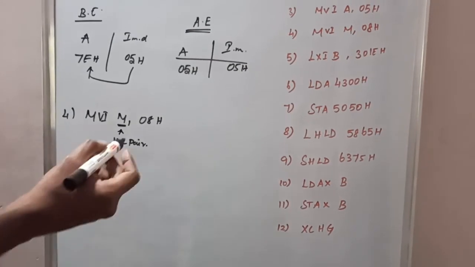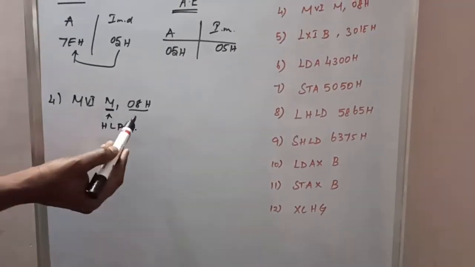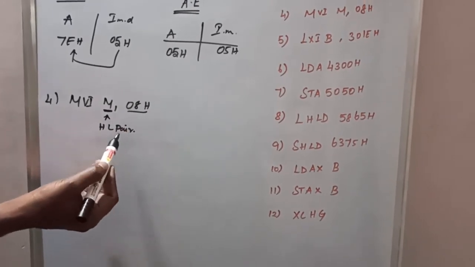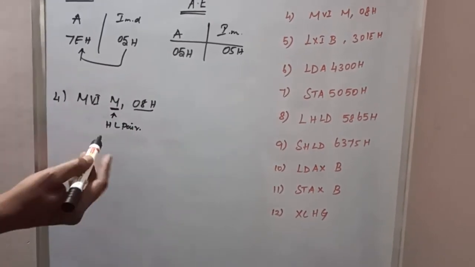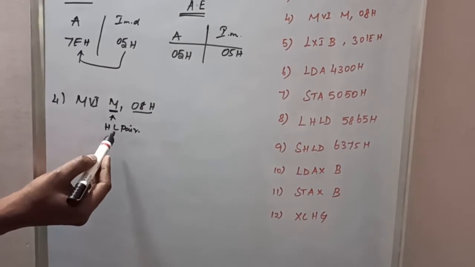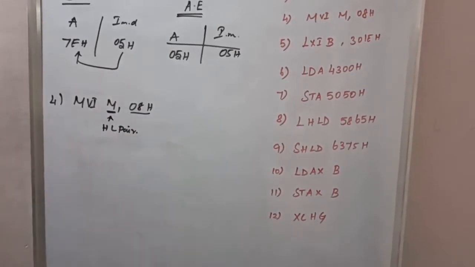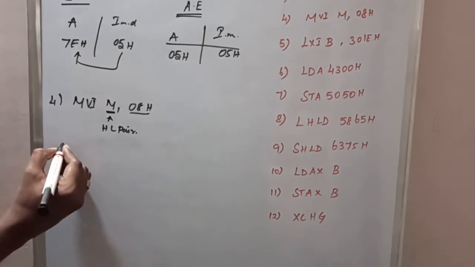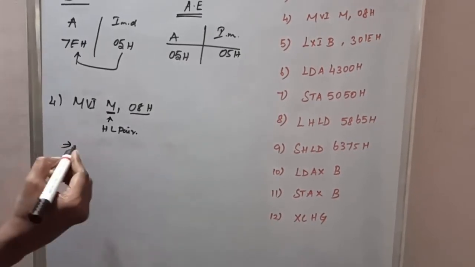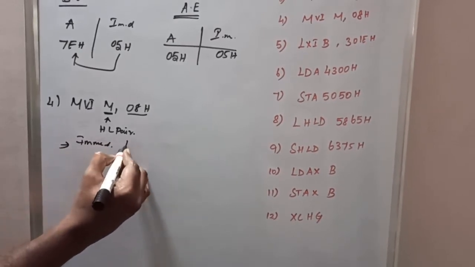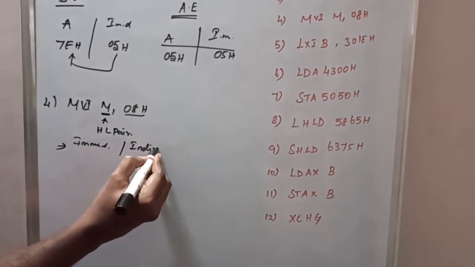So 08H is the immediate data. This data is passed to the memory location specified in the HL pair register. The type of addressing mode is immediate or indirect.